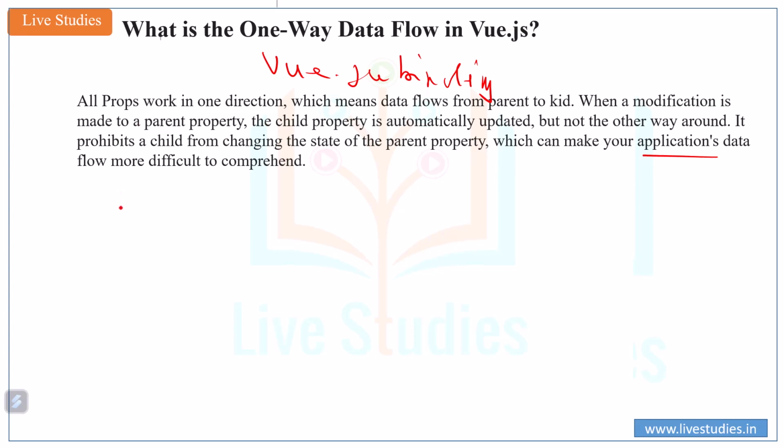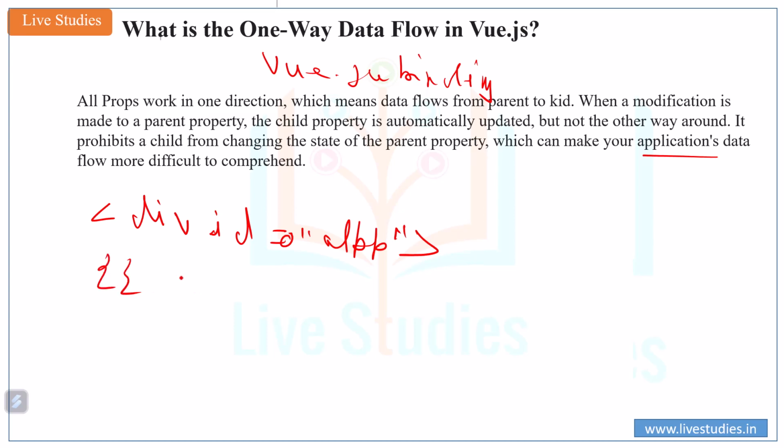Suppose, first of all, you should create a div with id equal to app, then close it, and pass one message like msg, which is called a Vue directive.